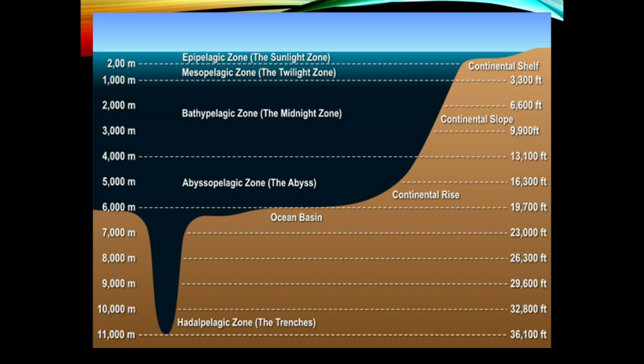Then we have the abyss, or abyssopelagic zone, located at 4000 meters to 6000 meters. And then there is the deepest part of the ocean, called the hadalpelagic zone, also known as the trenches, which is deeper than 6000 meters.